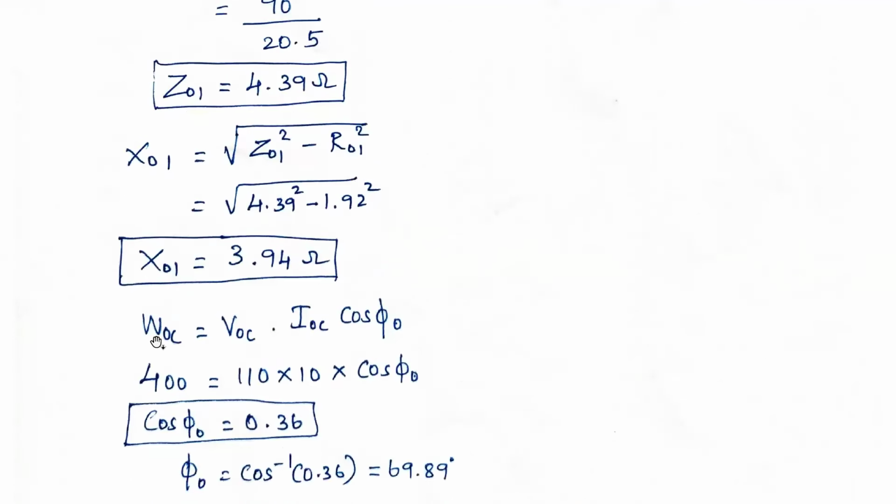Now W_OC, that means the open circuit loss. Open circuit loss is equal to V_OC into I_OC into cos phi. From that we can easily find cos phi, because we know W_OC, the open circuit power loss, and V_OC.